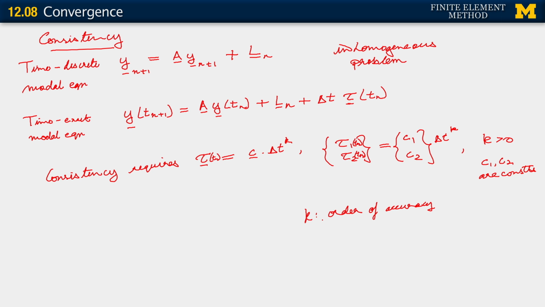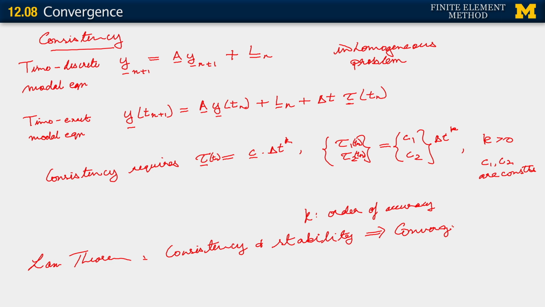Now, when we use consistency and stability to get at convergence, this so-called Lax theorem, which is that consistency and stability give us convergence of our time integration algorithms for this problem, that convergence condition is dependent upon writing out our error.